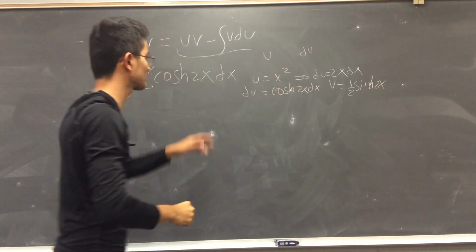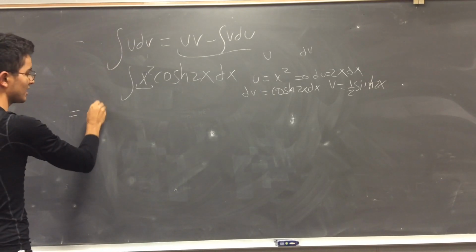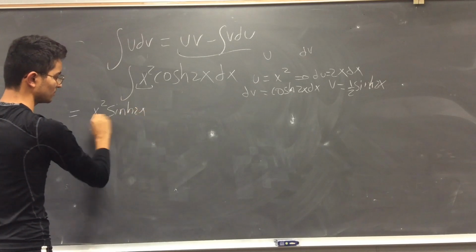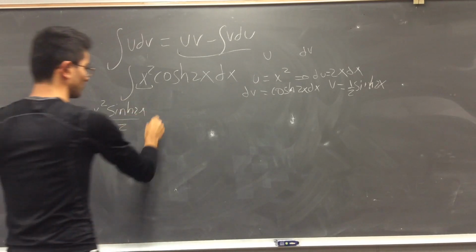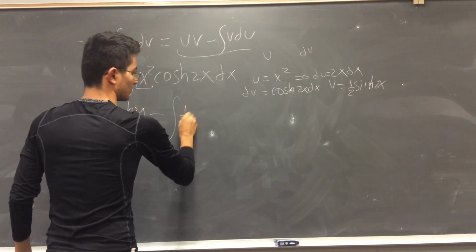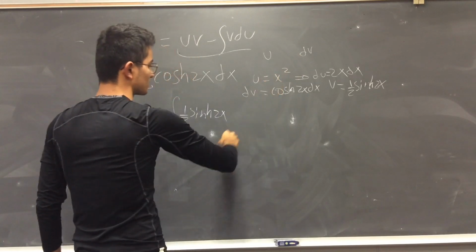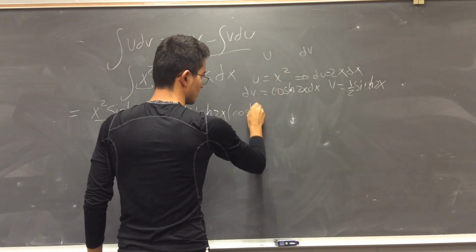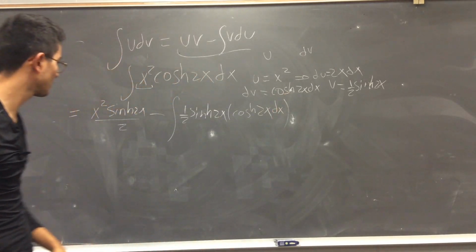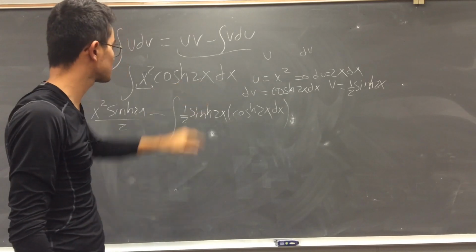So that's uv, x squared sinh 2x over 2, minus the integral of v du.